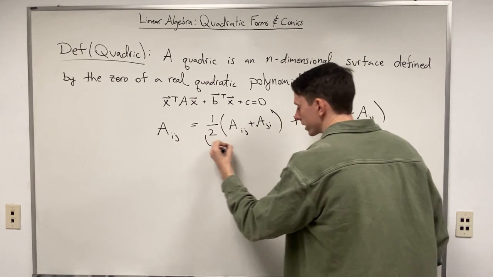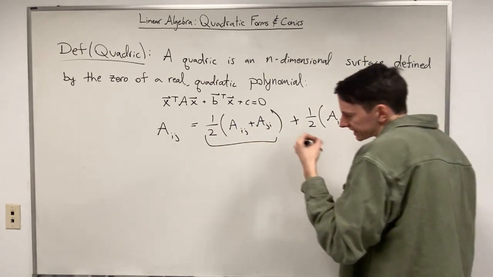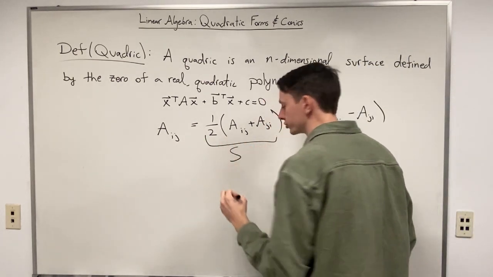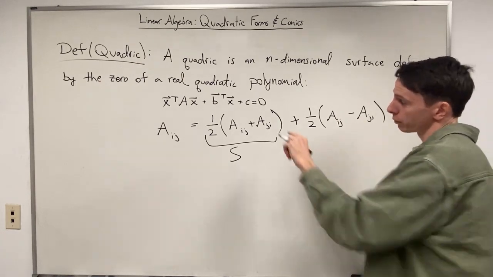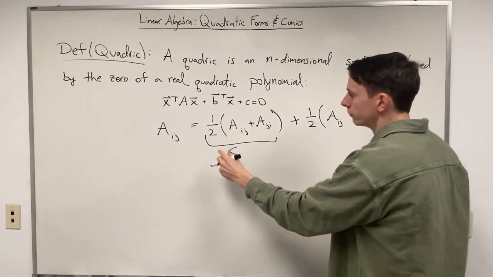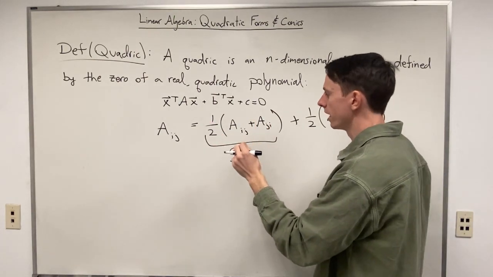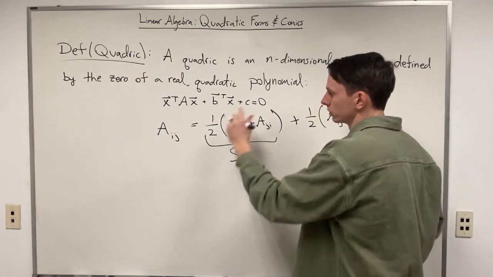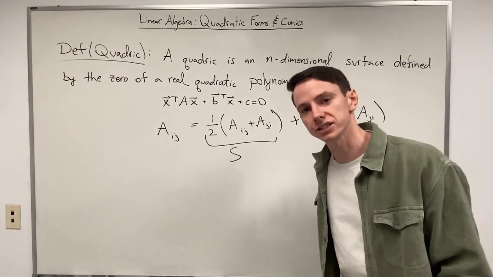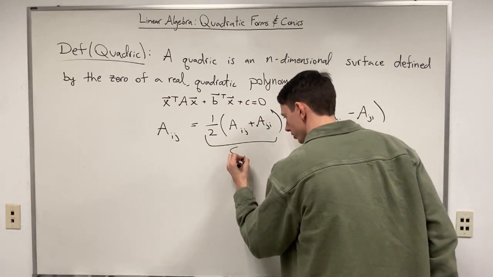This quantity right here is inherently a symmetric matrix. If all the elements of just this quantity, 1/2 (aij plus aji), were made into a matrix out of elements that look just like this, I would have a symmetric matrix. So I'm just going to call that Sij.